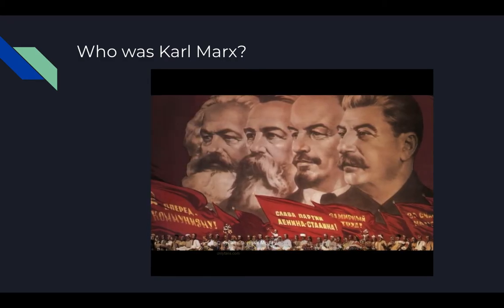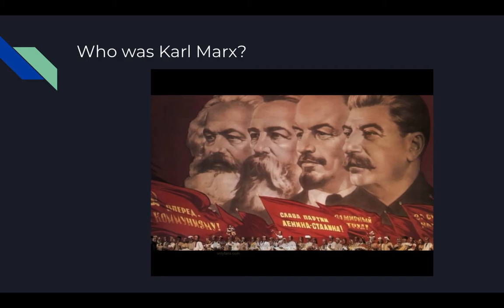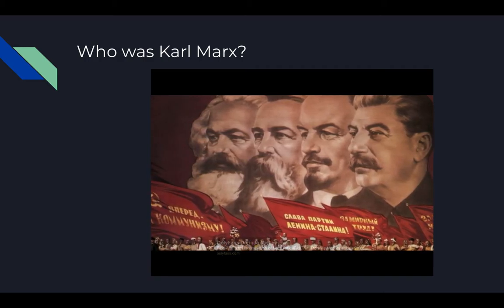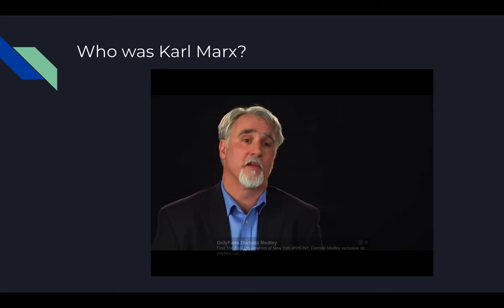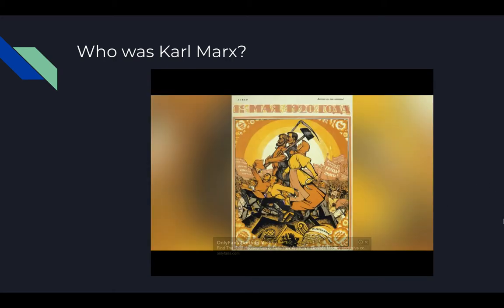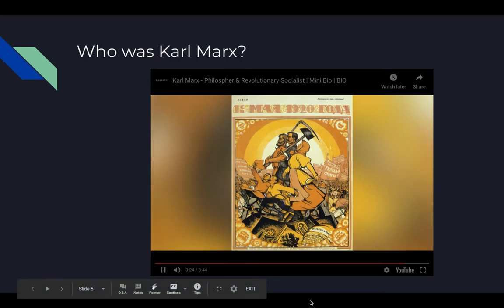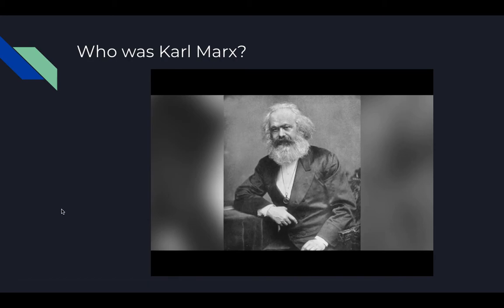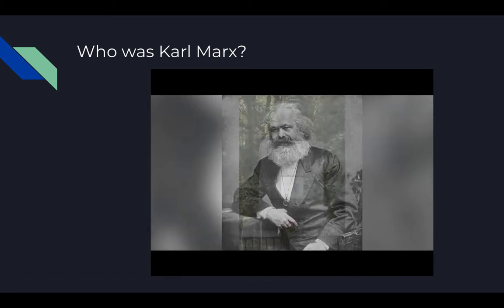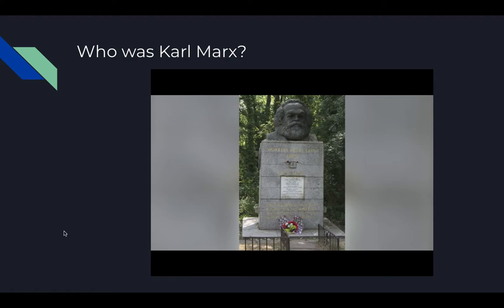Whether he foresaw it or not, his impact on revolutionary movements from Russia to China to Cuba, Vietnam, North Korea has been immense. They all base their legitimacy and their program on Marxism. Karl Marx died of illness on March 14, 1883, and is buried in Highgate Cemetery in London.